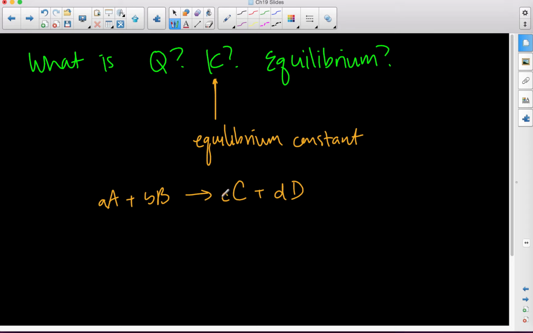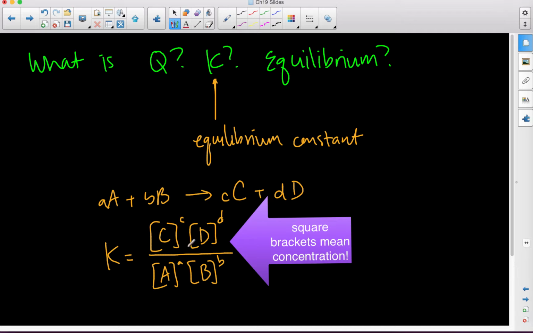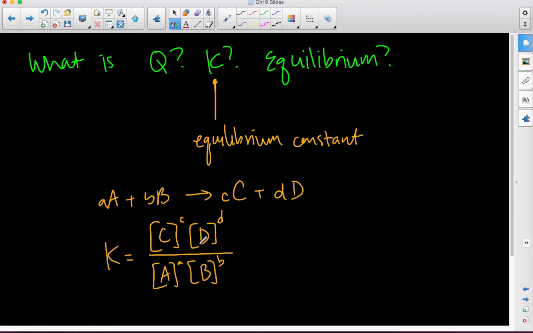The law of mass action is a way that we can tie all these things together using our coefficients, where K is equal to products raised to their coefficients over reactants raised to their coefficients. The information in square brackets will always indicate concentration. So it is the concentration of C and D over A and B raised to their respective coefficients.